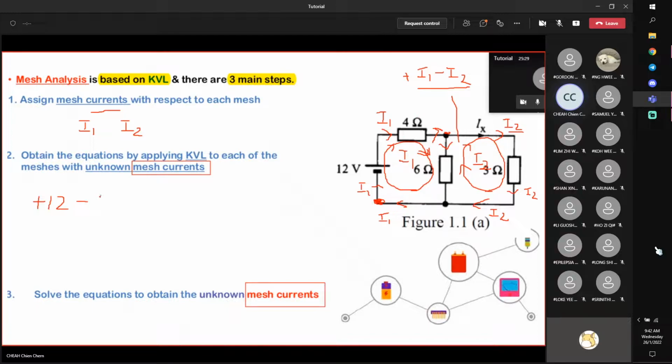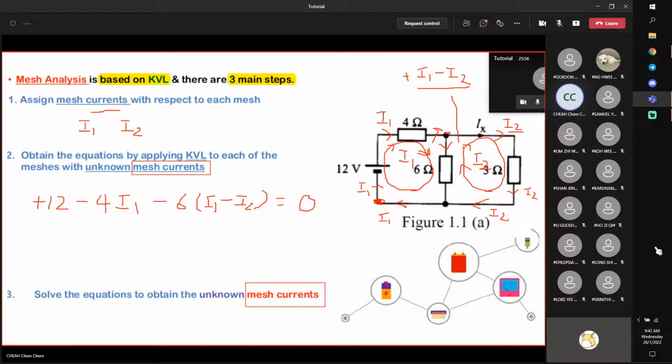There's a drop in voltage. According to Ohm's law, it is resistance times the current flowing through it. So it's 4I1. When you come to this 6 ohm, write down 6 ohm first. The current flowing through it is not I1 anymore. It's I1 minus I2. So we write down 6 times I1 minus I2. And then you're back to the same point. So it's equal to 0.